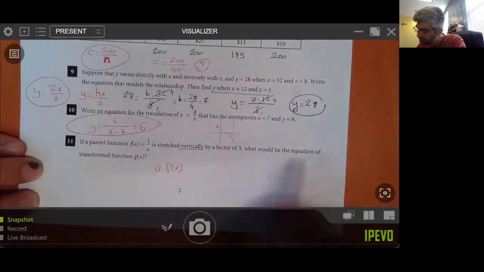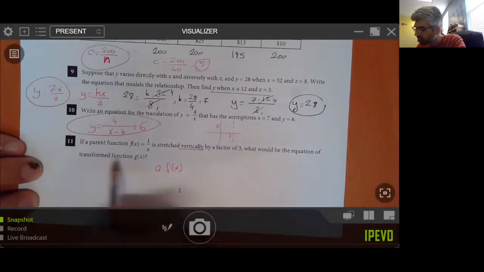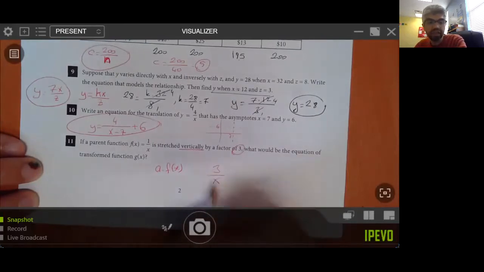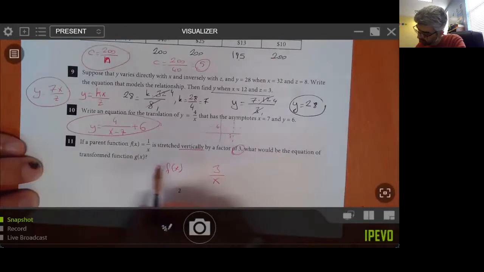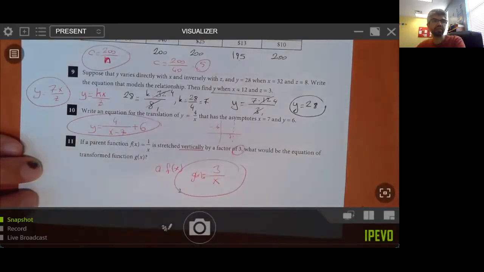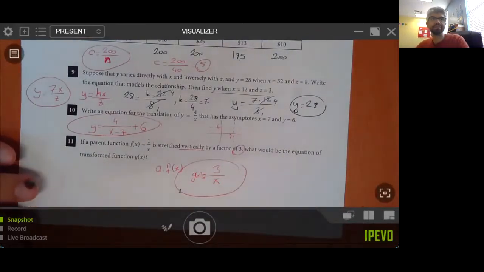What would be the equation of the transformed function g of x? With the factor of 3, we will have the function 3 over x. G of x is 3 over x. Is it clear?